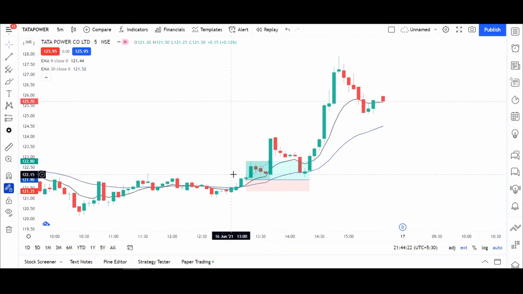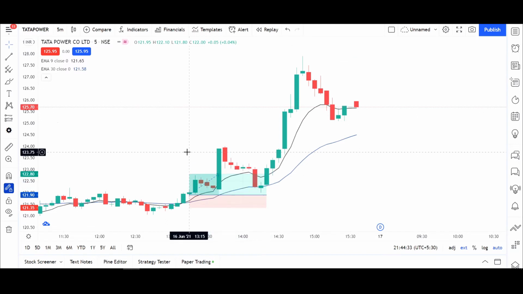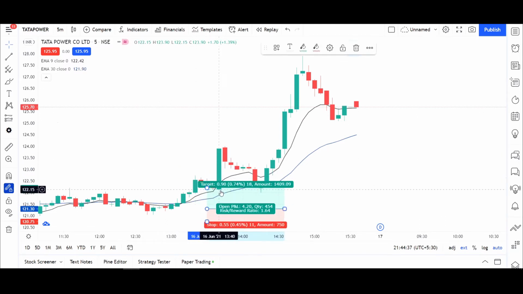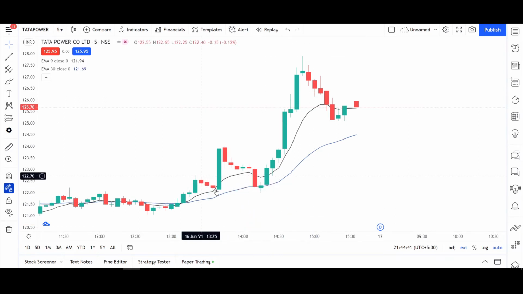As we can see, I entered here and I achieved almost 0.66%, a few points away from my target, but then the stock started to take a reversal. But I kept on holding this trade because I knew that the stock takes support from the 9 EMA. So I continued and I achieved my target of 0.75%.